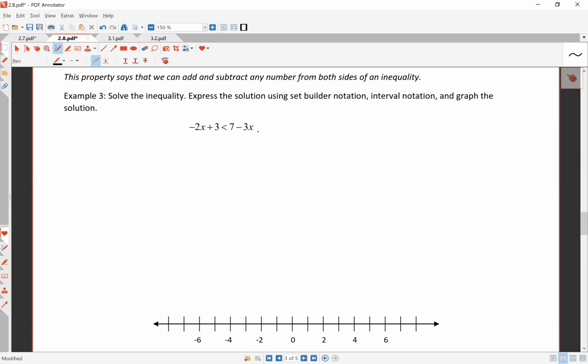Get all your x's on the left and all your numbers on the right, or vice versa. It doesn't really matter. We have to get all of our variables on one side. So I add 3x to both sides. Negative 2x plus 3x is 5x. And then we get all the numbers to the other side by subtracting 3, and that gives me 7 minus 3 is 4.